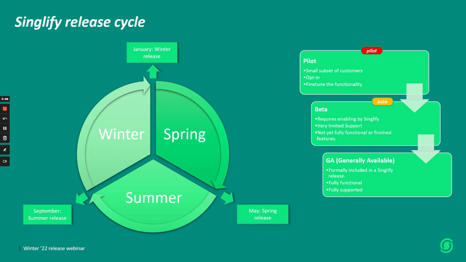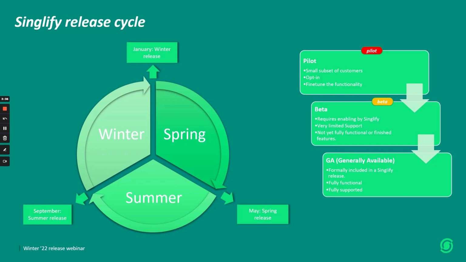Pilot phase means that we are testing and building new functionality with a small subset of customers. The customers help us to fine-tune the functionality and to get to something that is useful for everybody. But the functionality that is in pilot is not supported, so you should not use this for your business critical processes.